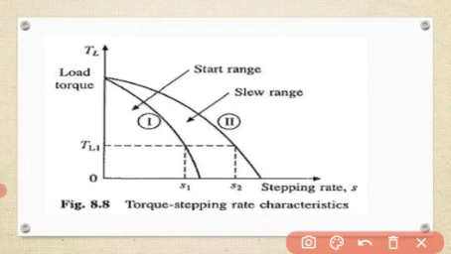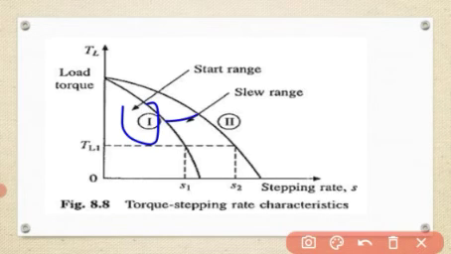Now I will conclude that the area between curves 1 and 2 represents, for various torque values, the range of stepping rate which the motor can follow without losing a step, provided it has already been started and synchronized beforehand.